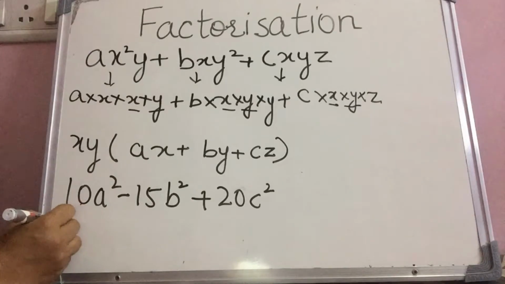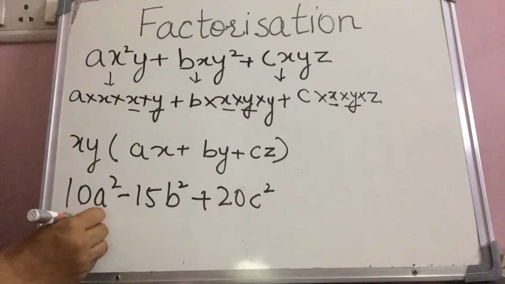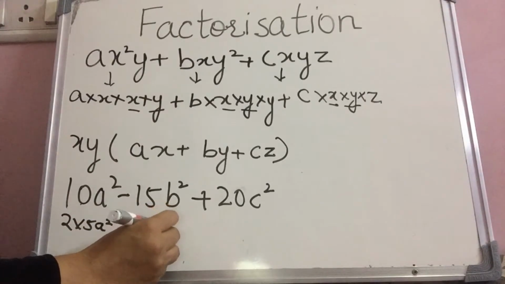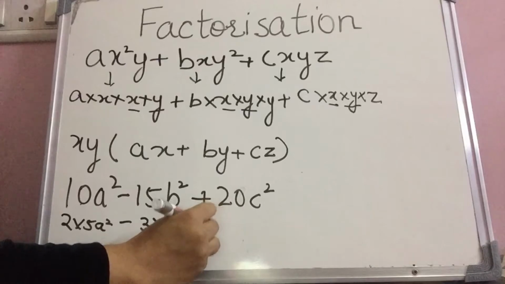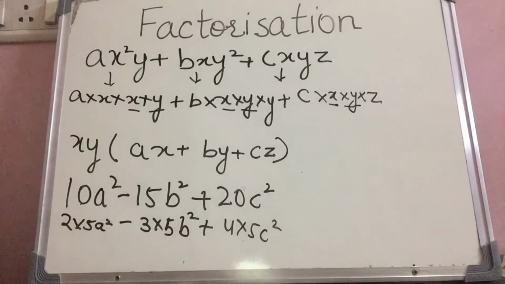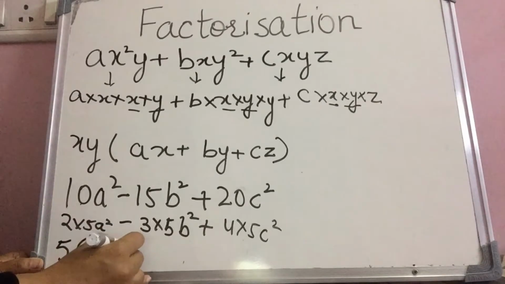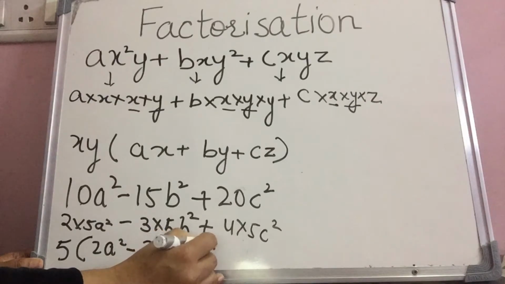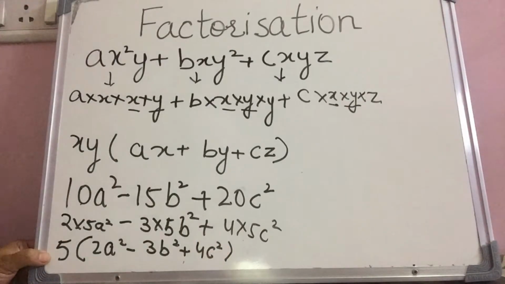So this is 2 into 5a square, factors of 10, minus 3 into 5b square plus 4 into 5c square. From all three we see that 5 is the common factor. So we'll take 5 out of the bracket and we'll have 2a square minus 3b square plus 4c square. So this will be the answer.